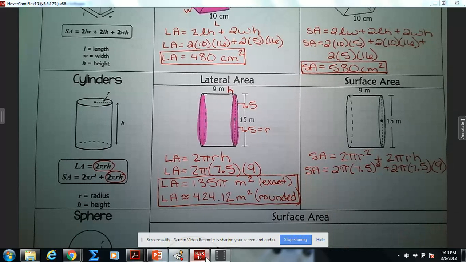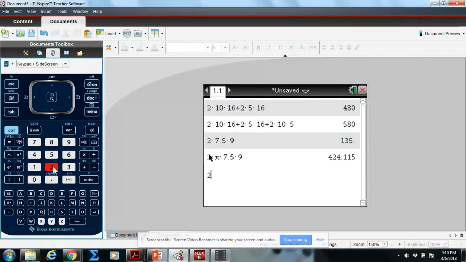Okay. To get an exact answer here, we might have to do 2 parts. Let's see. Get my calculator. 2 times 7.5 squared is 112.5.